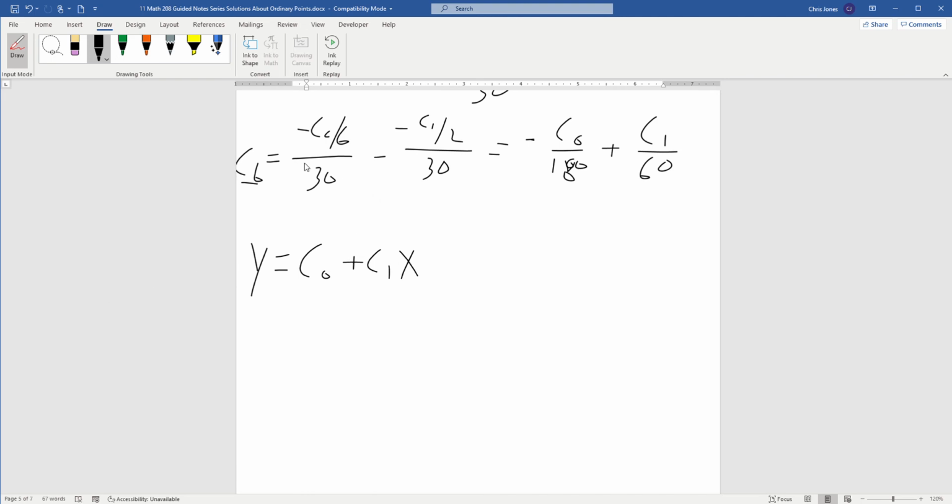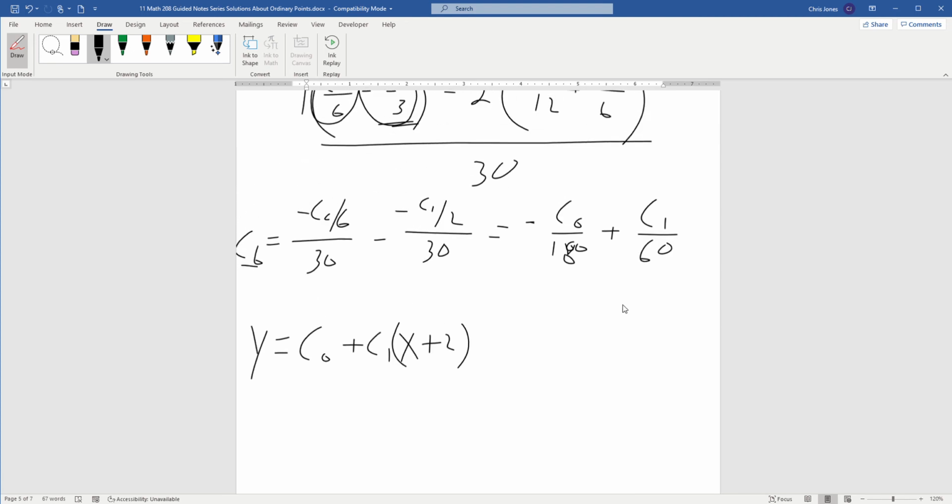But it's not just x, it's going to be x plus 2. All right, so that's the difference between what we looked at before and what we're looking at now. It's not centered about 0, it's centered about 2. So it's C naught (x plus 2) to the 0 plus C1 (x plus 2) to the first plus, now remember we had that C2 was equal to negative C naught. So this is going to be plus the opposite of C naught, (x plus 2) squared.